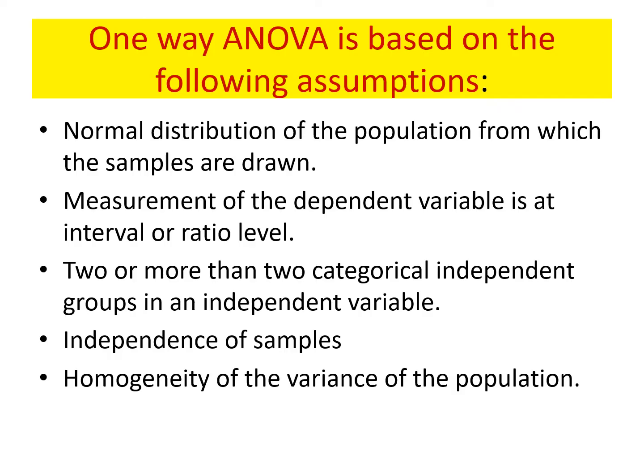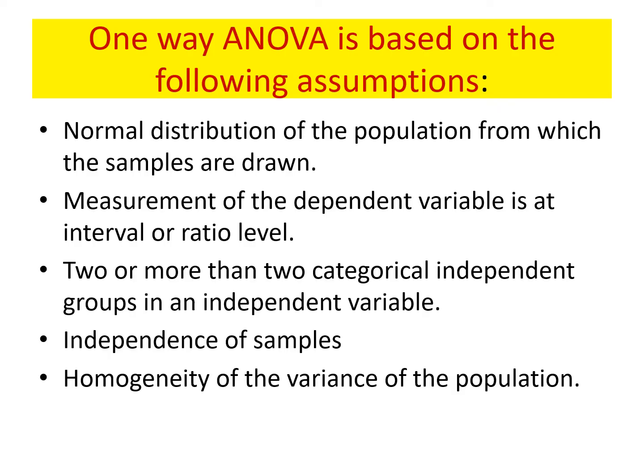It means therefore that it is a result of measurements. It is not just enumeration data. It is supposed to utilize the scale of measurement using interval or ratio. And then two or more categorical independent groups in the independent variable.